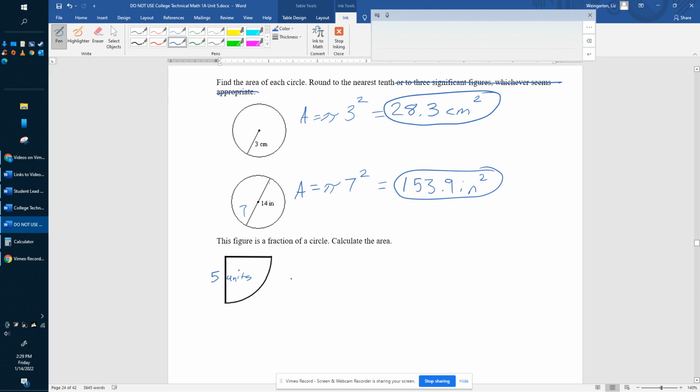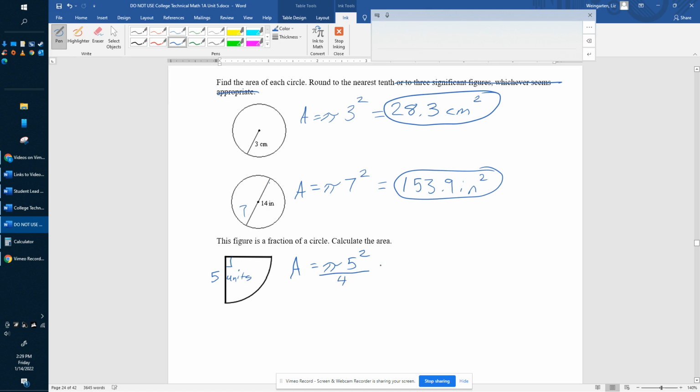So the area of the whole circle is pi r squared, but we only have 1/4 of the circle. So we're going to have to divide our answer by 4.